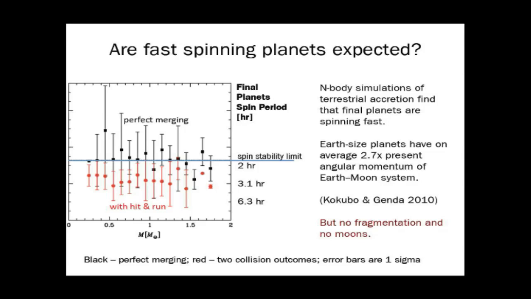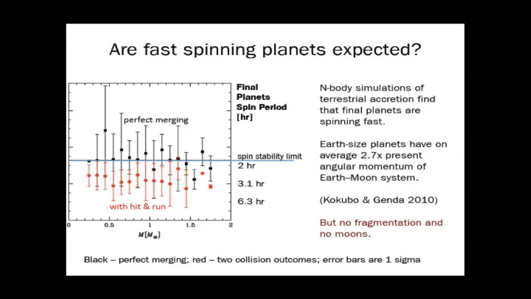What has been done in most simulations to date is to take the two bodies that collide, assume they merge completely, and sum their impact and spin angular momenta. When you do that, you find that all the planets are spinning near their spin stability limit. That calculation is shown here in the black dots.